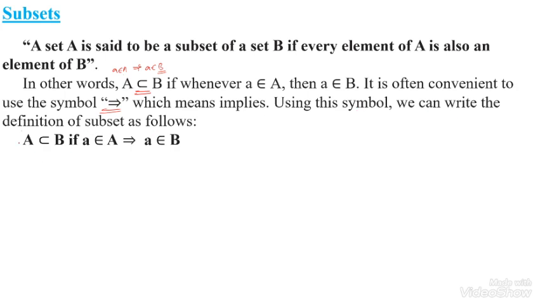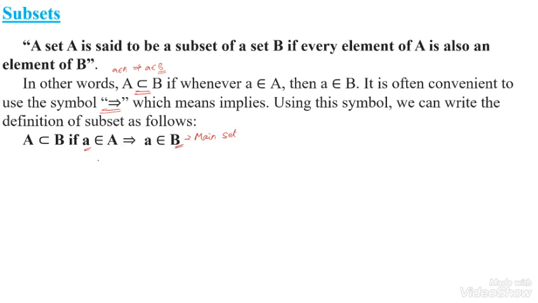If A is a subset of B, then whatever element a we have taken, if a belongs to A, it must and should belong to B also. Whenever an element of set A belongs to A, that element should belong to B also, because B is the main set. From this main set, I prepare another set A that is called a subset.